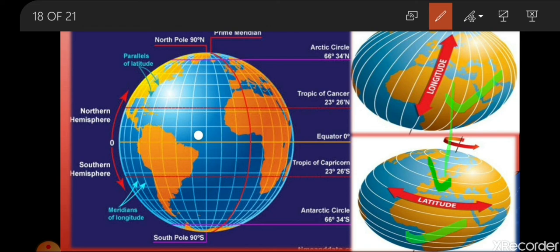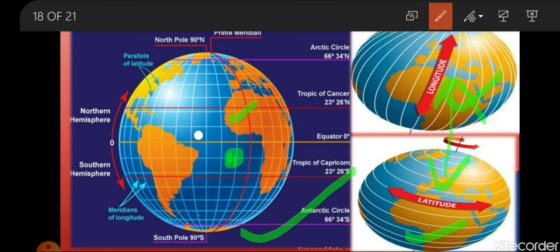When we combine these longitudes and latitudes, the geographic grid system forms. These lines crisscross each other at a point. As you can see, longitudes are there and latitudes are also there. Wherever they meet, they form a 90-degree right angle.